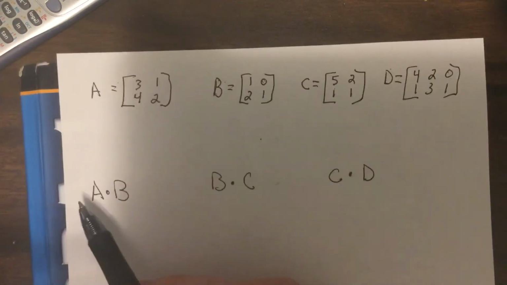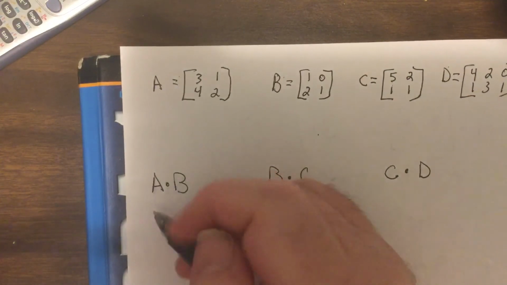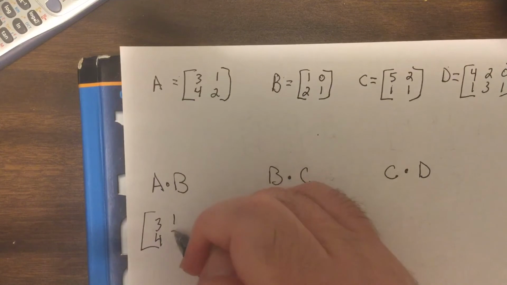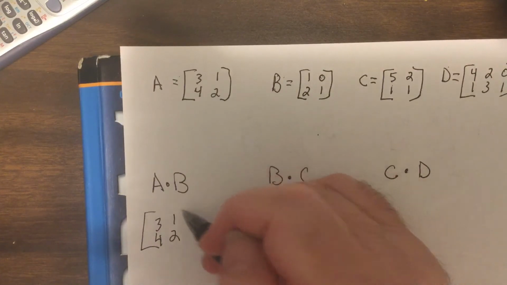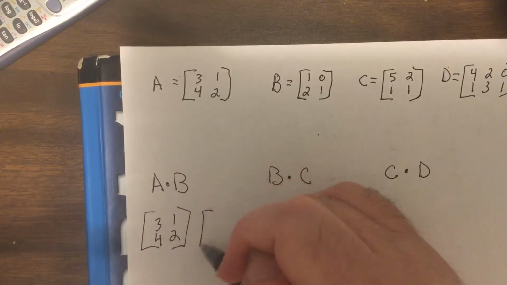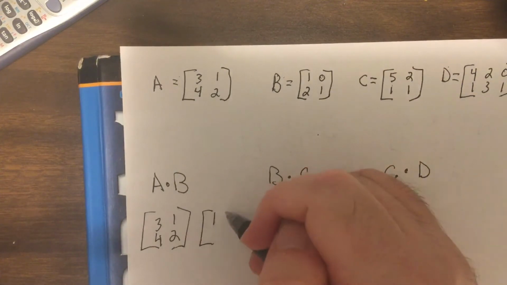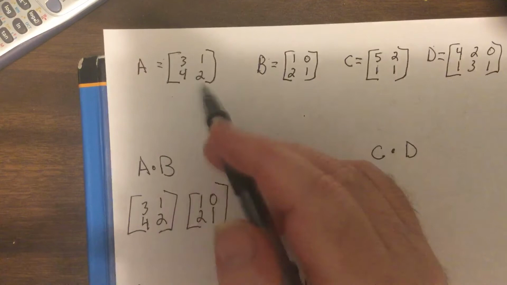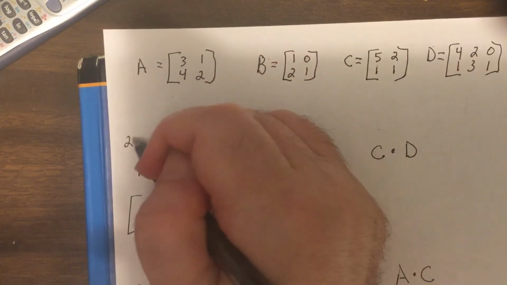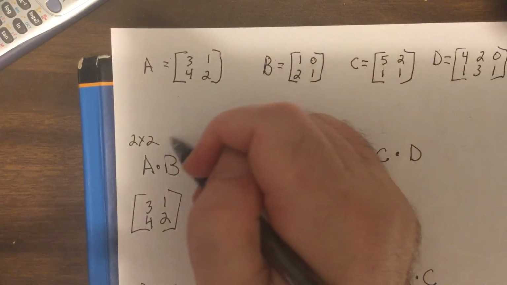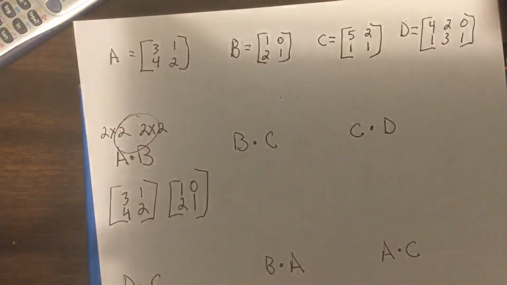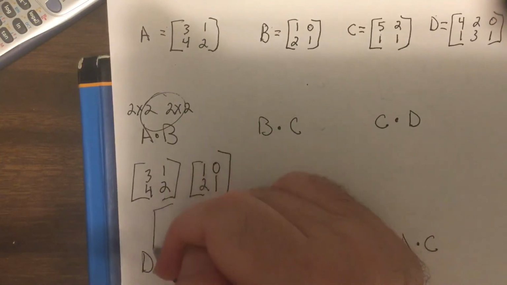Now, I want to multiply A to B. So that would be 3, 4, 1, 2 to 1, 0, 2, 1. Now first, this is a 2 by 2. This is a 2 by 2. So the middle two are the same, so I'm okay.